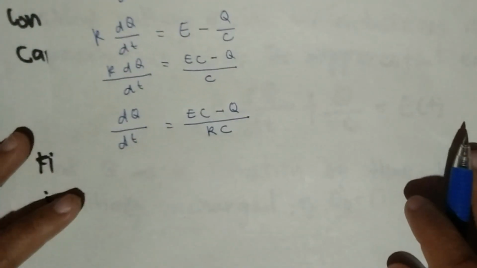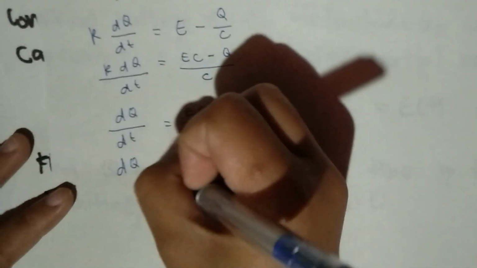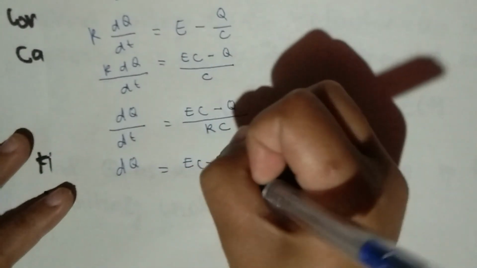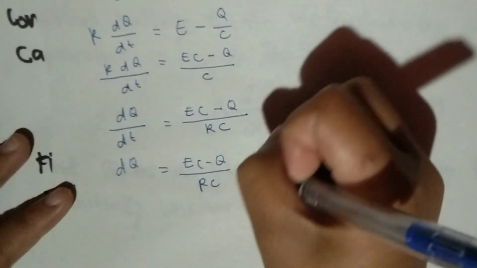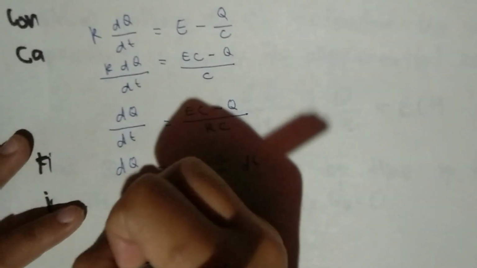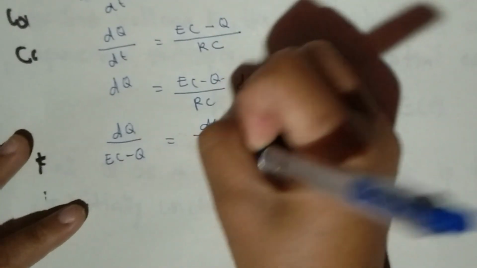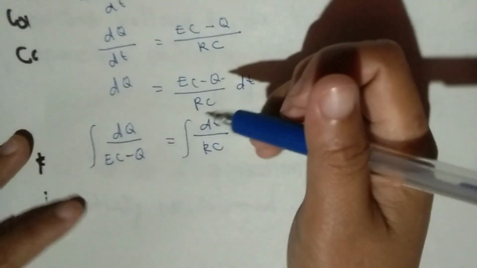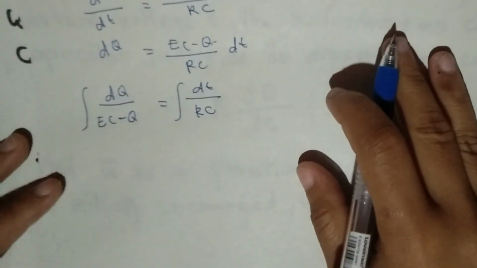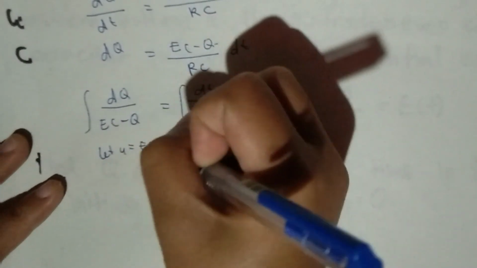So we will do separation of variables. That will be dq over (EC minus q) is equal to dt over RC. So we will integrate both sides. Let u is equal to EC minus q.